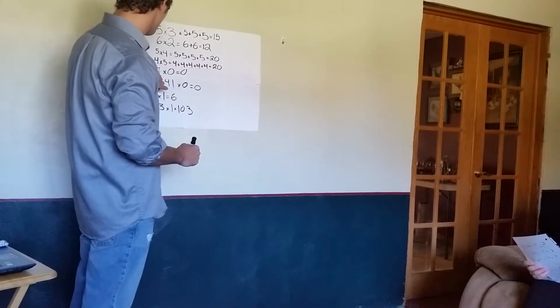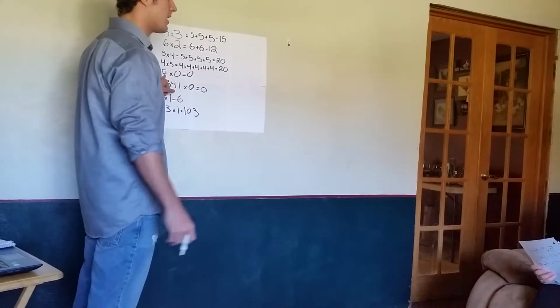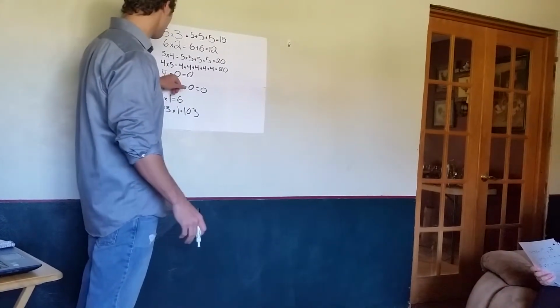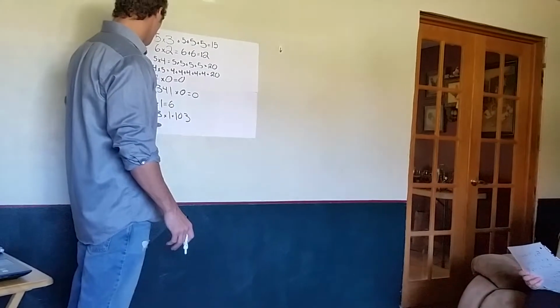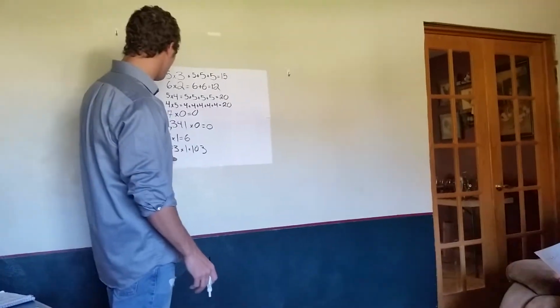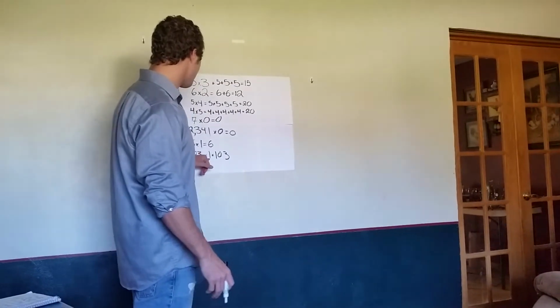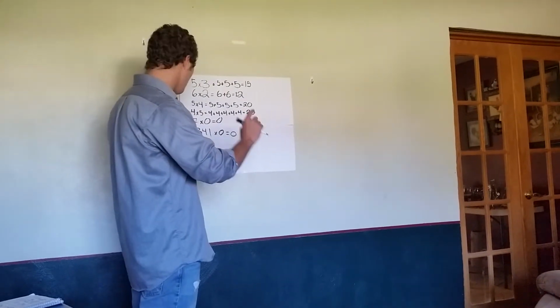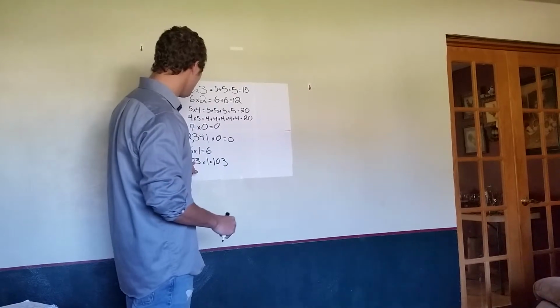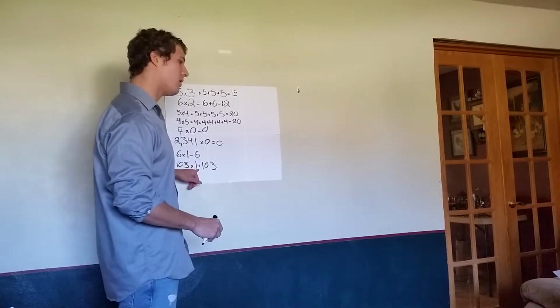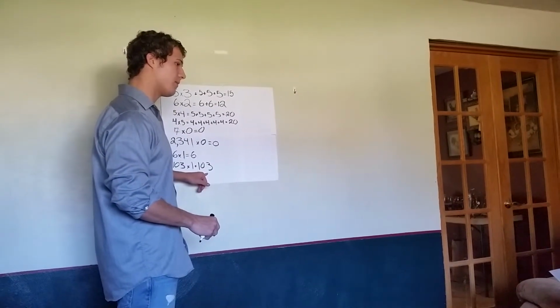For 0, you're going to add 7 to itself 0 times. So there is no 7 because you're multiplied by 0. All right? Now, for the 1s, you're multiplying 103 by itself 1 time. So since it's only 103 multiplied by 1, it's still going to be 103.